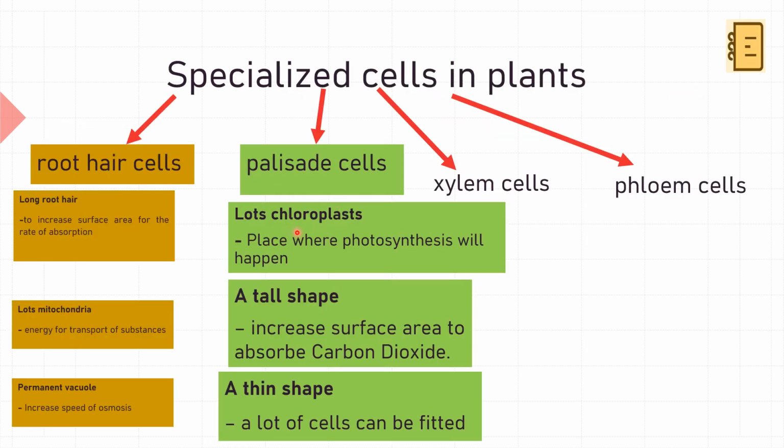To summarize, palisade cells need a lot of chloroplast because this is the place where photosynthesis happens. They need a tall shape because in this way it will increase surface area to absorb carbon dioxide. And they need a thin shape because a lot of cells can be fitted.